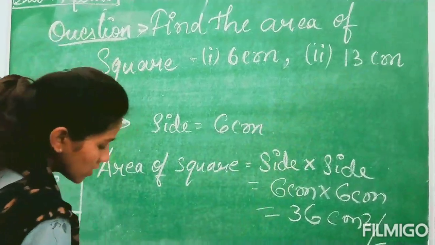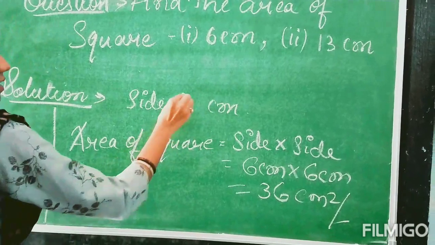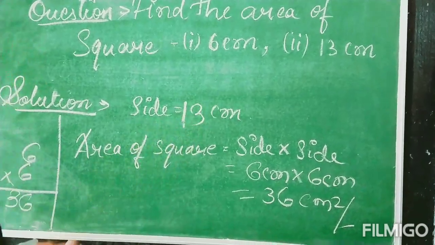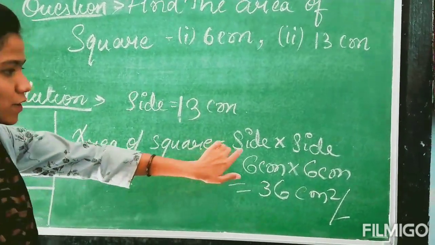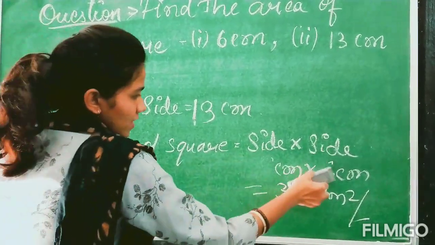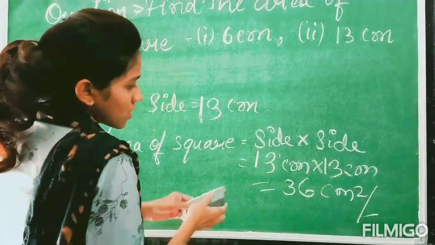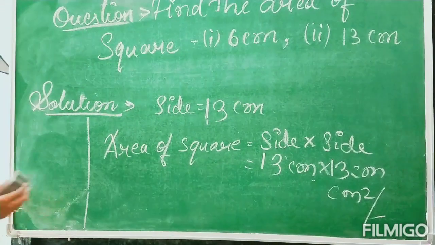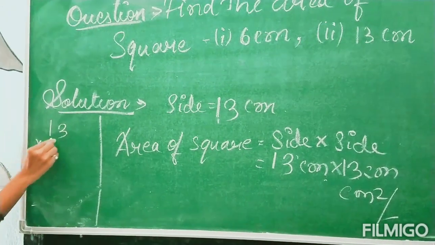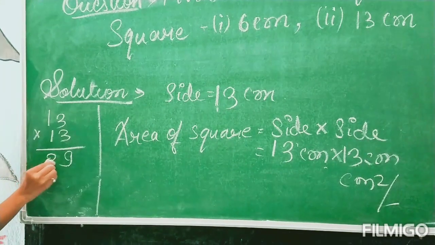Then next question, 13. Change the side, 13 centimeter. Area of square equal to side into side. Same formula. You can change the number. Answer also different. Multiply the 13 into 13. 3 3s are 9. 3 1s are 3.